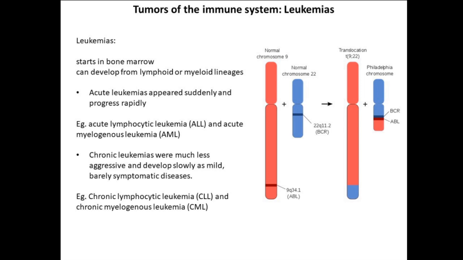Normally BCR is located in chromosome 22 whereas ABL is located in chromosome 9. But during this translocation, the ABL gene moves from its chromosome 9 location to chromosome 22, and because of this there is a very high level of expression of the BCR-ABL gene, which is responsible for the development of chronic leukemia.